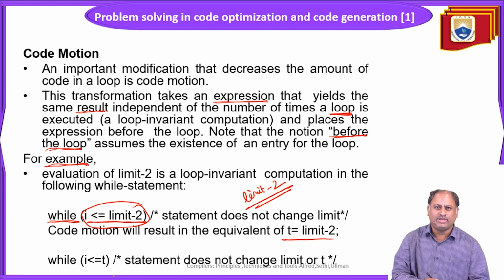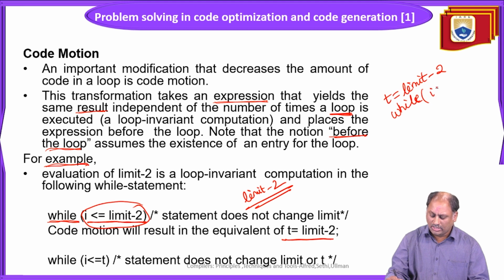Instead of recomputing several times, since this limit value doesn't change, we can write limit minus 2 into some temporary variable declared as t, and the while statement is written as I less than or equal to t. In this example, we make the statement simplified so that it doesn't affect the remaining part of the results or previous ones.